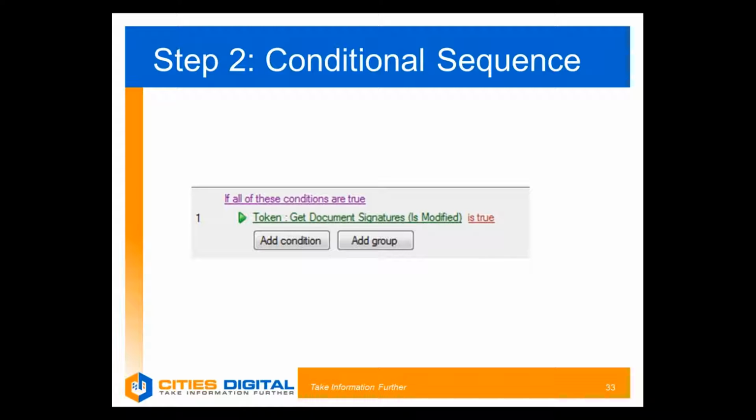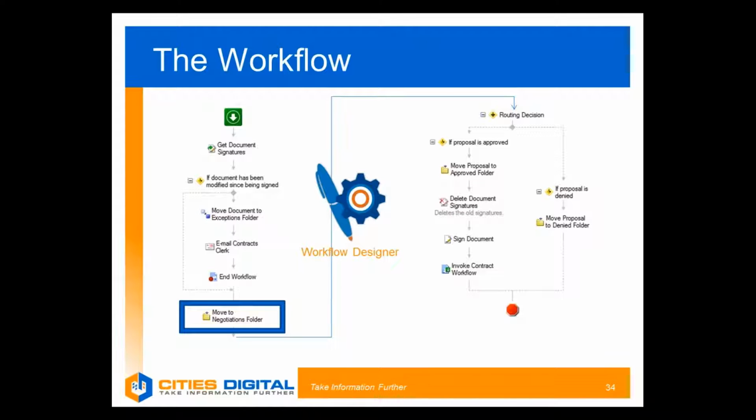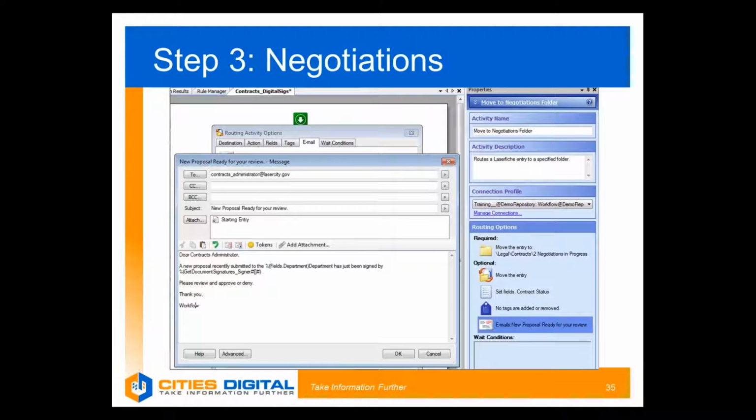Now, if it is valid, then the next thing that we would want to do is move it into our negotiations folder. And while it's in the negotiations folder, we're waiting for a departmental approval. So while in negotiations, we have an email that we can send out asking the contracts administrator: here's a link to this document, please open it up, review this proposal.